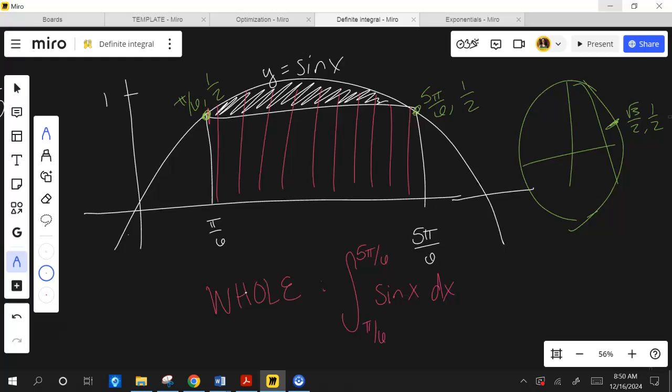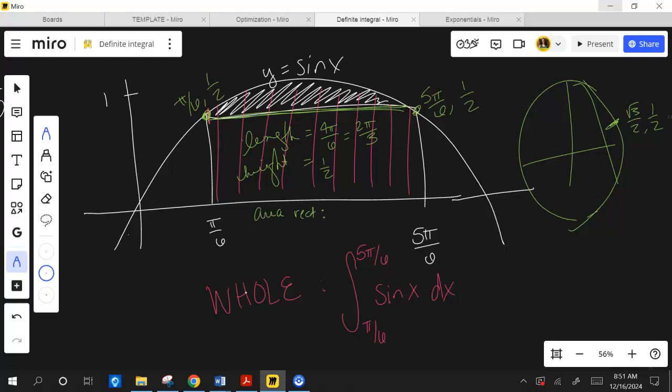So what's the area? Well, how far across does it span? Because that's pretty easy to look at to tell. How do you get that? That's right. You just subtract them. 2 pi over 3. Now the height, how high up does it go? 1/2. So what's the area of the rectangle right there?